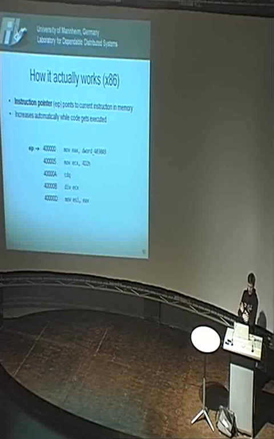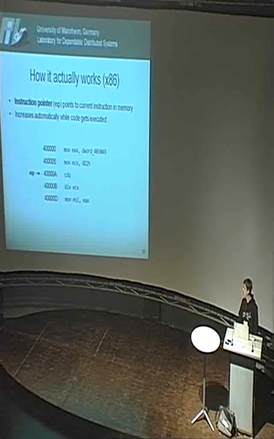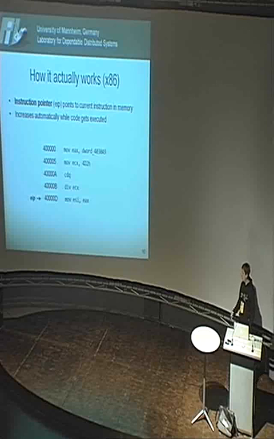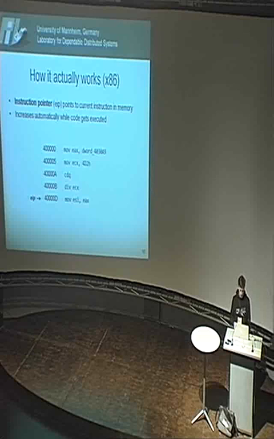It points to move EAX, some stuff. And when this gets executed, the instruction pointer increases, points to the next instruction, and so on and so on. So we have a sequential execution of instructions in the normal case. You could have a jump instruction between there, but this is how normal code gets executed on your computer.